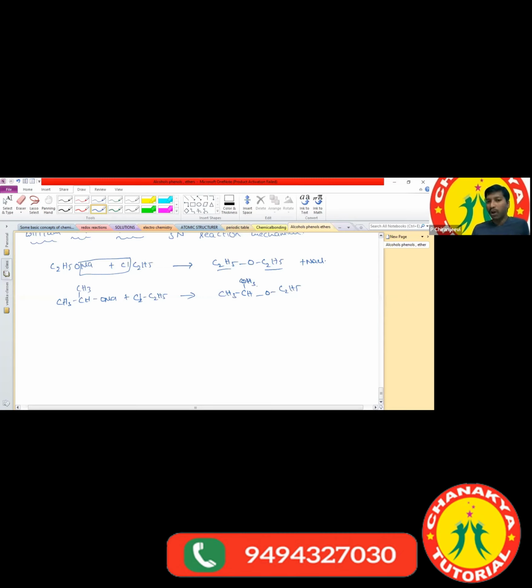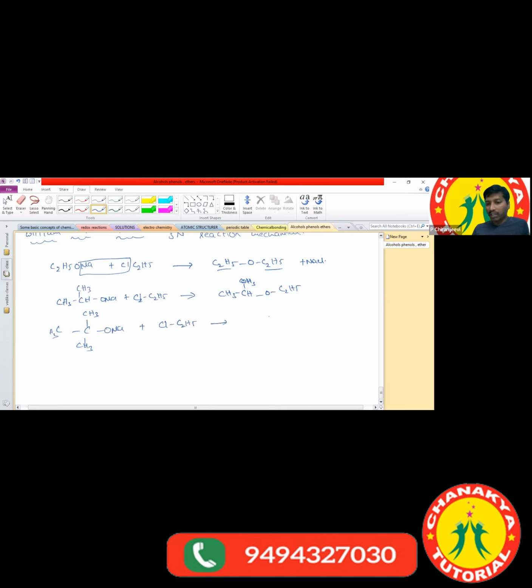So these two follow the SN2 reaction mechanism. Exam point of view question: in the preparation of tertiary butyl ethers, what reactants are we adding? To prepare tertiary butyl ethers, we have to use (CH3)3C-ONa plus Cl-C2H5.